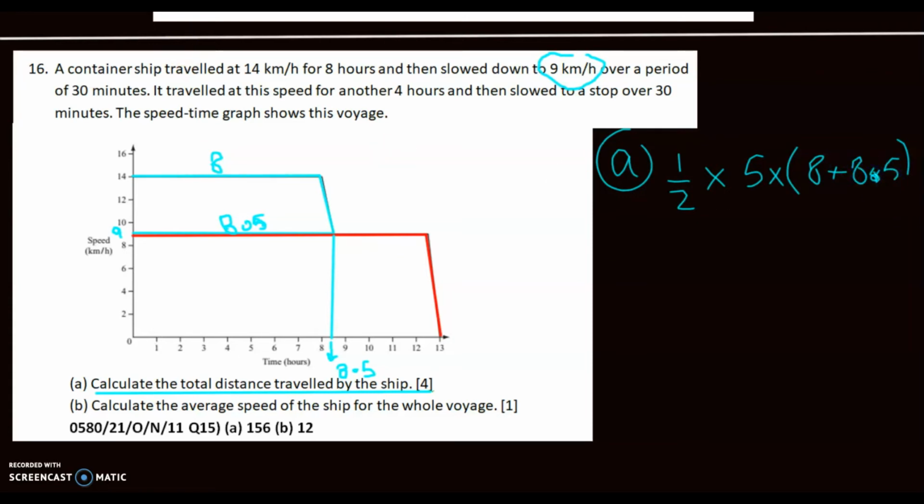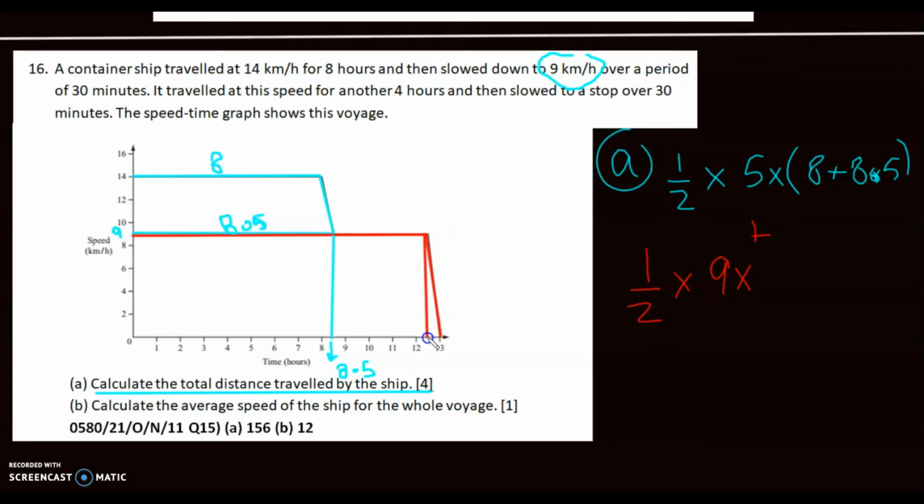Similarly, for the red trapezium, I'll do the same. Half times, what's the height? Height is still 9, times the sum of parallel sides. So one side is for another 4 hours. It travels at this speed for another 4 hours. So after this, another 4 hours, that would be 12.5.